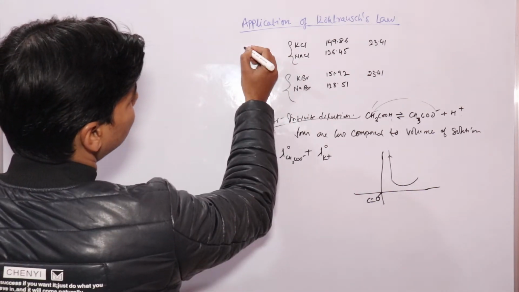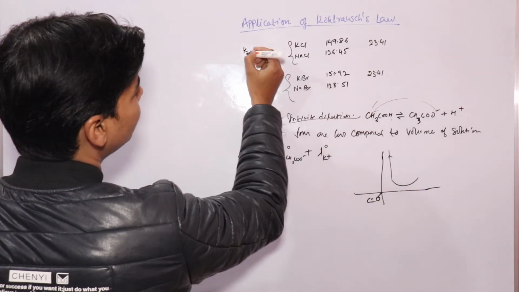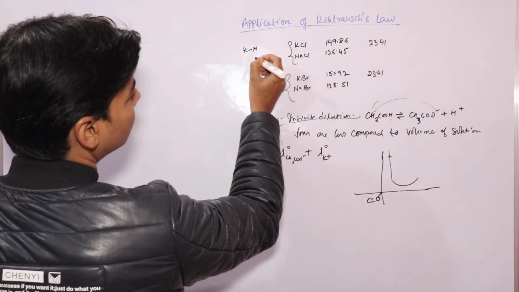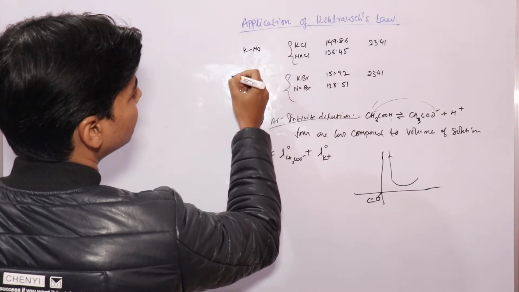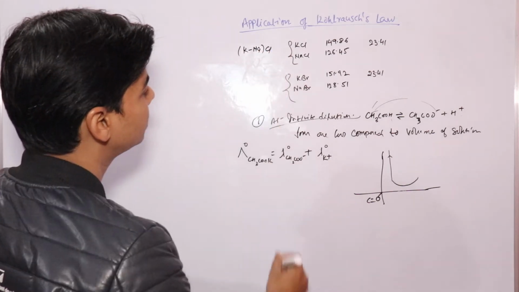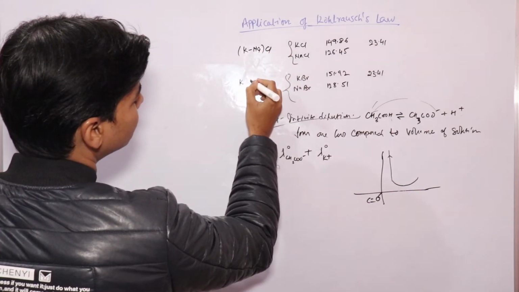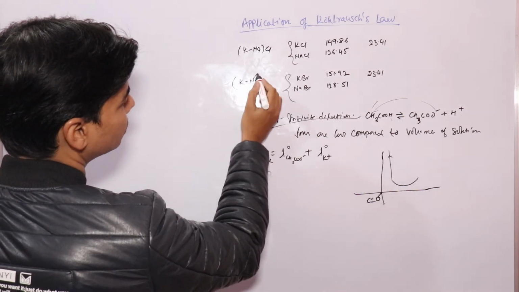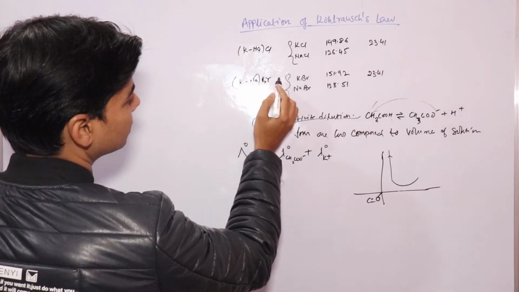So here in the first case, this is the difference between the ionic conductance of sodium and potassium ions, and here also it is the difference in ionic conductance of sodium and potassium ions.